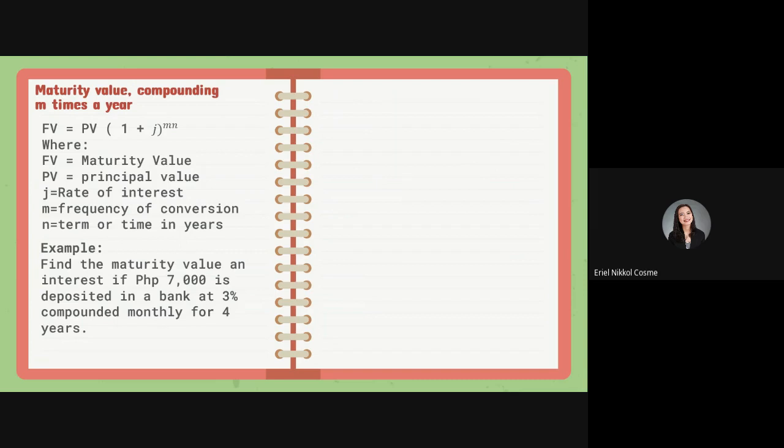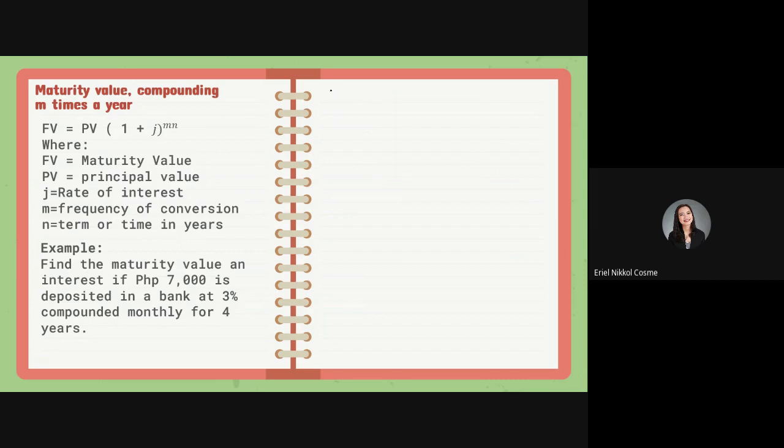So let us have the example. Find the maturity value and interest if 7,000 pesos is deposited in a bank at 3% compounded monthly for 4 years.